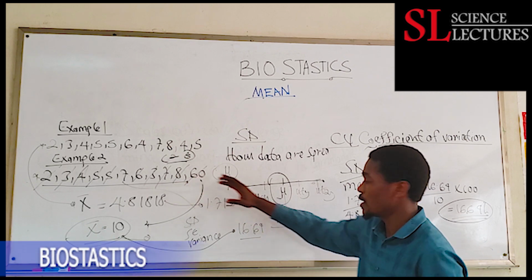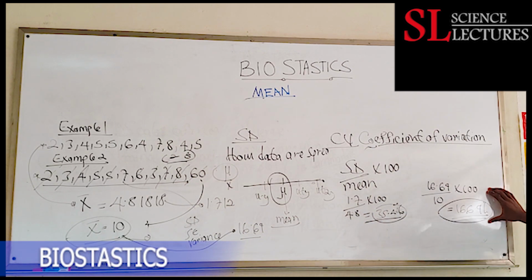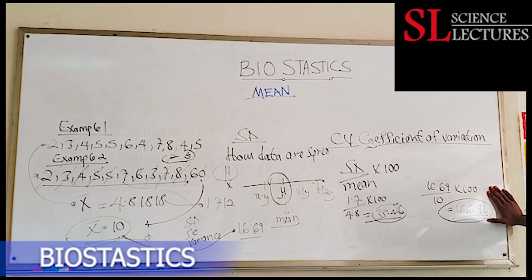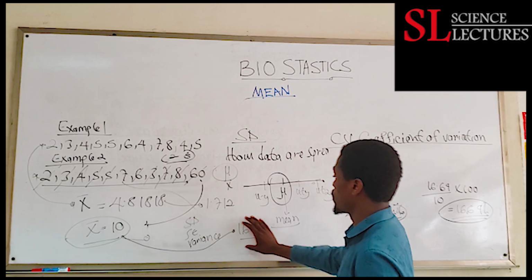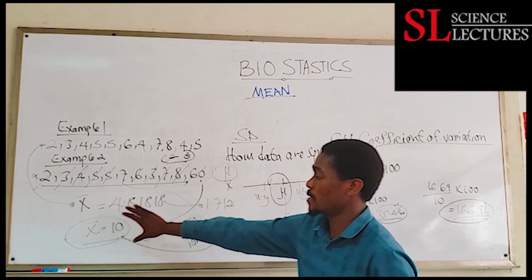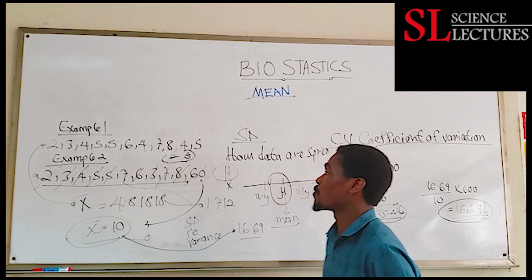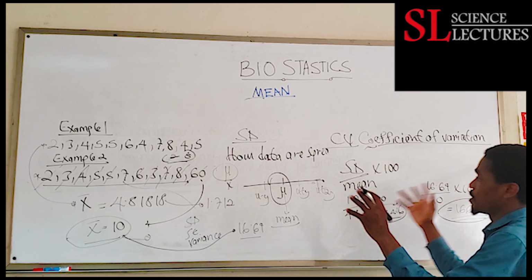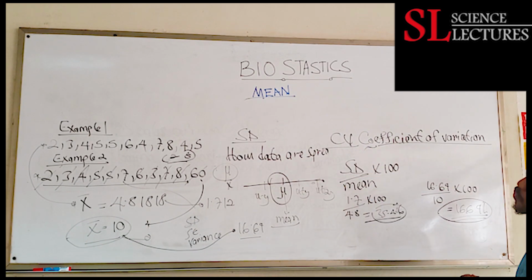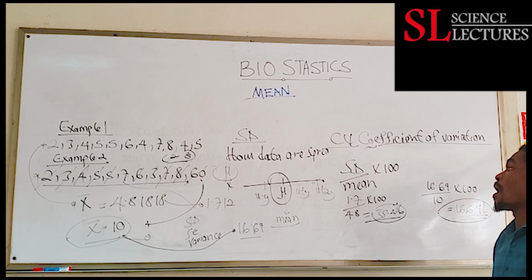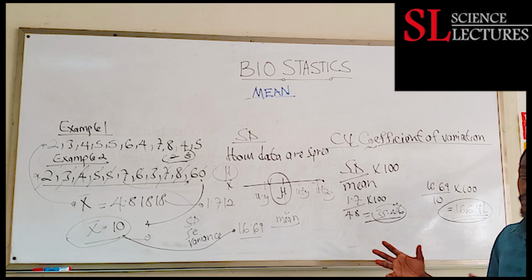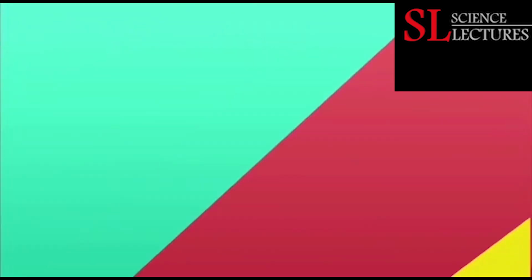It had a 60. That is why our CV is turning out to appear like this. And as well, you realize that the standard deviation is way above the mean in example 2. So that is the difference in the data, and you have to be keen with your data to see whether there are any outliers, because they might shift the way your results appear to be. So that is it for this video, please. Thank you.